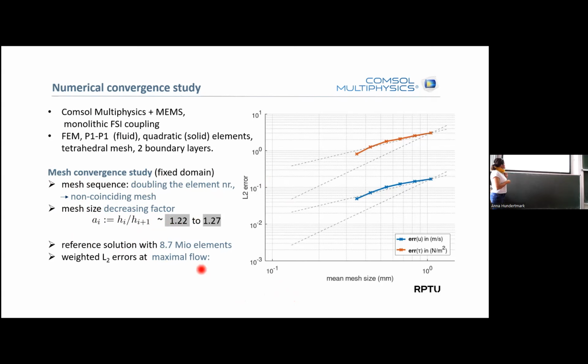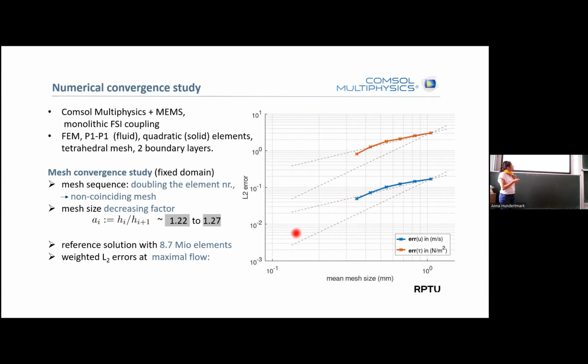We computed a reference solution with almost 9 million elements, and we evaluated the L2 weighted errors at maximal flow, which means systolic flow. Here you can observe the behavior of the error, decreasing with the mesh size, in logarithmic scale.